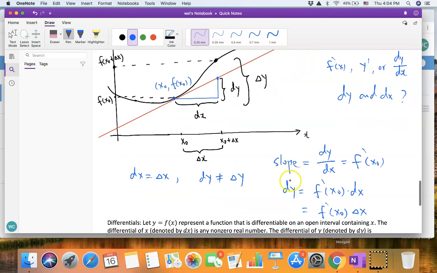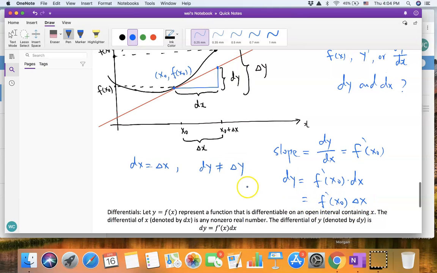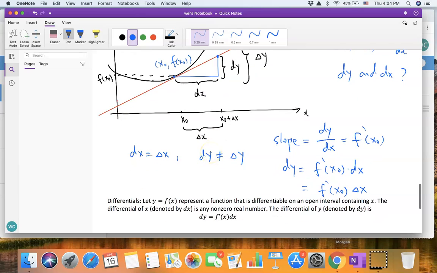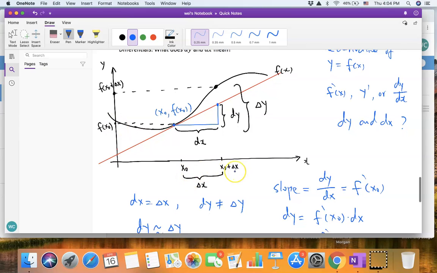And the formula for finding dy is given by this. And if delta x is a very small number, then dy will be a very good approximation to delta y, which is the actual difference of the function value at these two numbers.